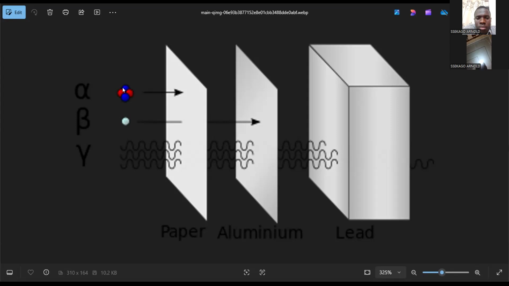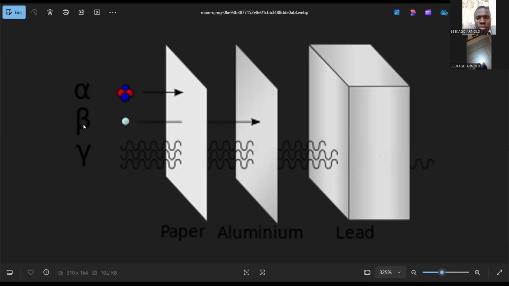So since alpha particles are heavy, they have the least penetrating power. They stop here and do not continue further. If they are directed towards paper, aluminum, and lead, they will only stop at paper.